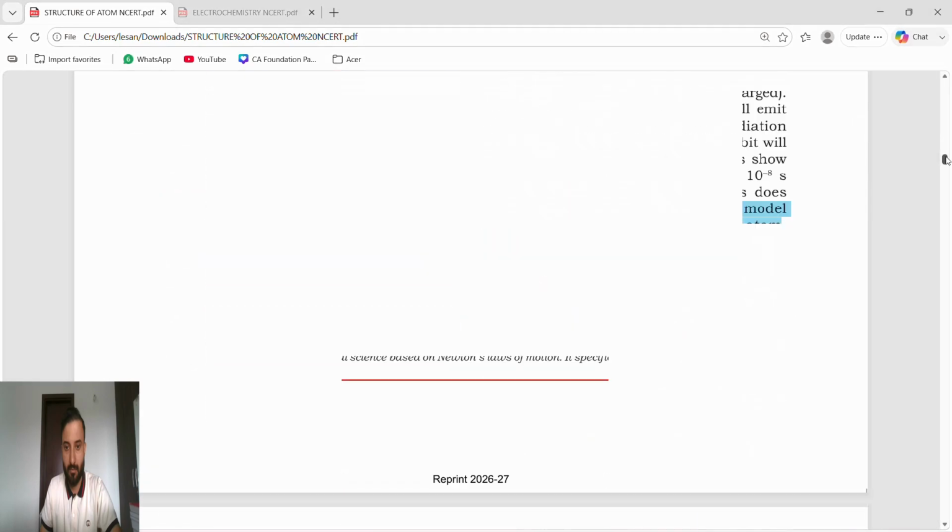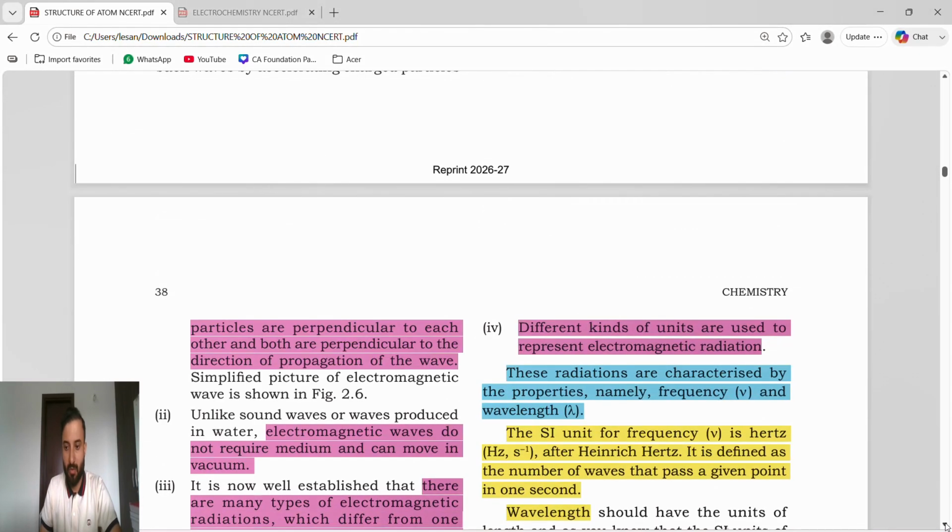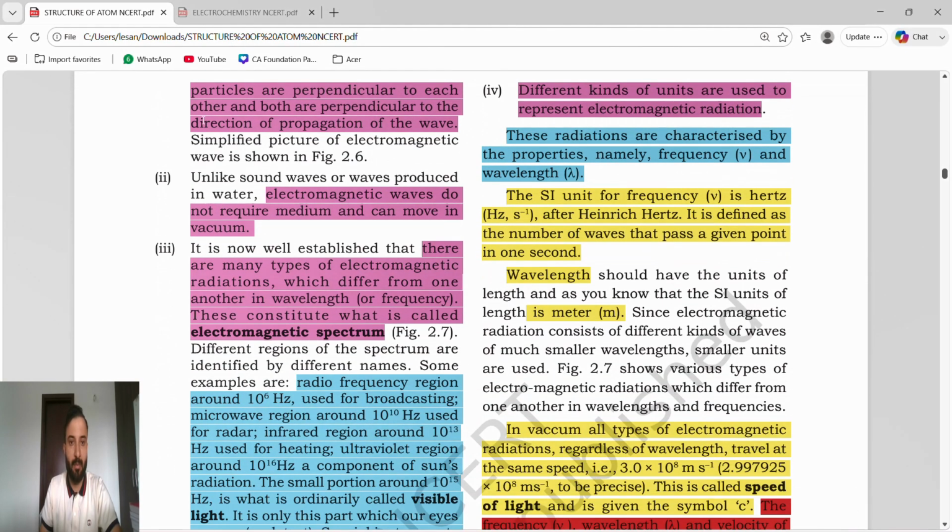So the first thing we get to know is that electrical field and magnetic field are perpendicular to each other and both are perpendicular to the direction of propagation of wave, because we know that radiation will flow in the form of wave.